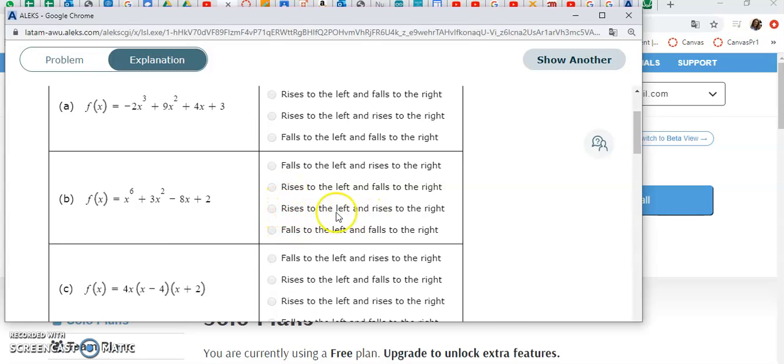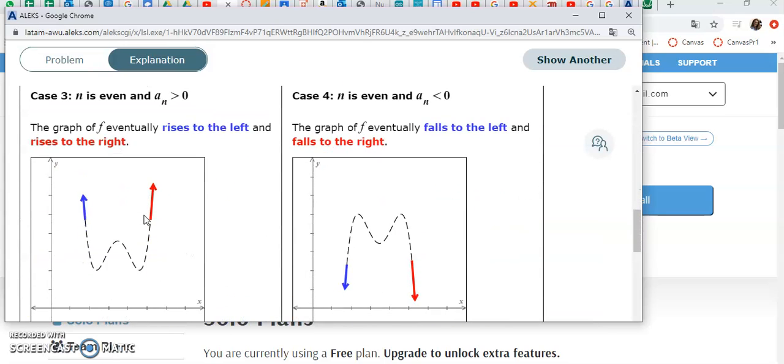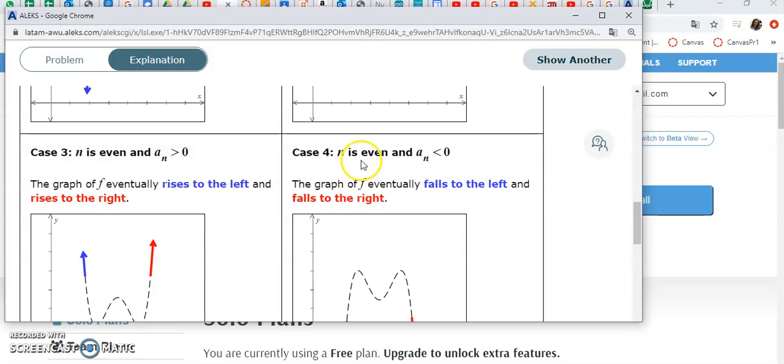So this is the correct one. Rises to the left and rises to the right. Okay? Because, let me show you here the explanation. When n is even and the leading coefficient is positive, it rises to the left and rises to the right.